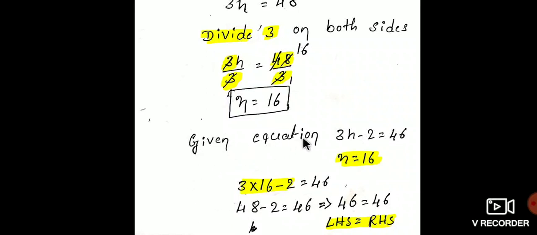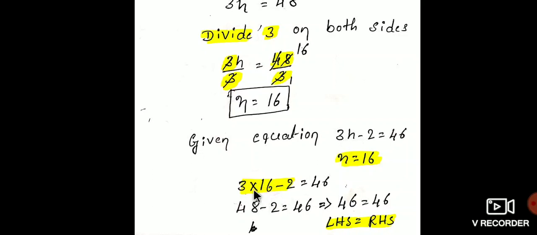Next, the given equation is 3n minus 2 is equal to 46. Here n is equal to 16, we have to substitute the value of n. I already told that 3n means 3 into n.